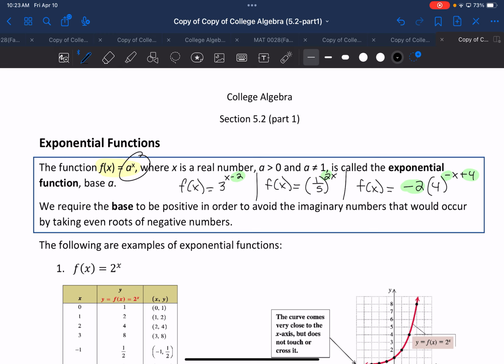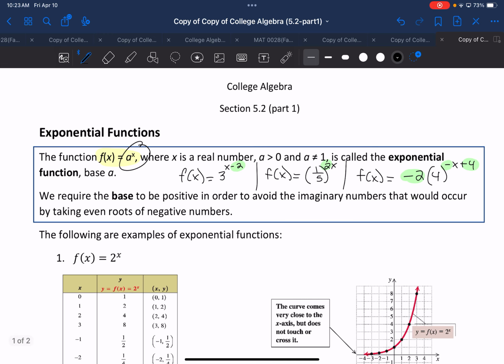And that little note down here says that we require the base a to be positive in order to avoid imaginary numbers that would occur by taking even roots of negative numbers. So our bases are just going to be positive with these.